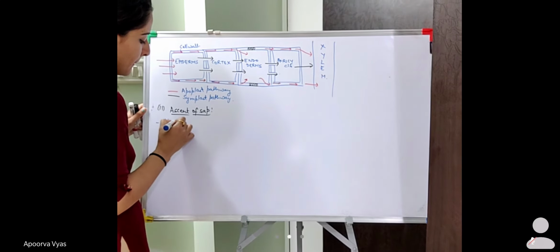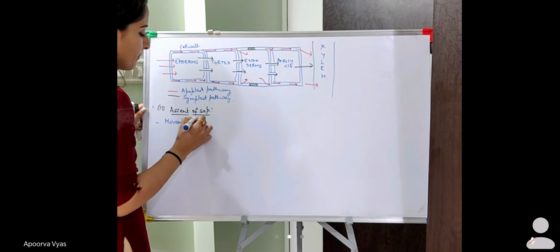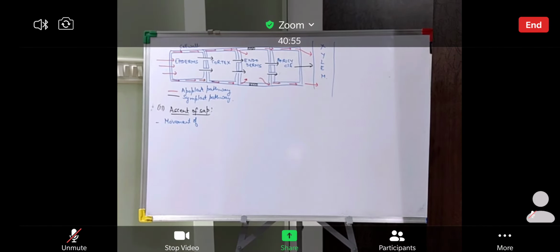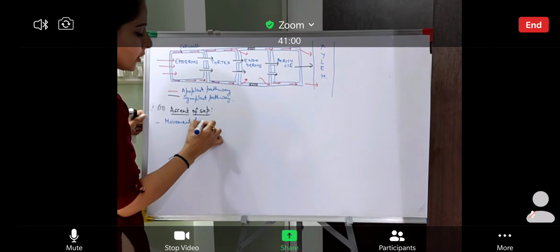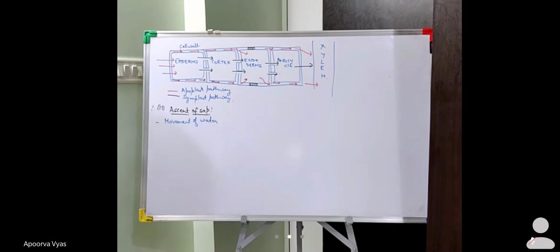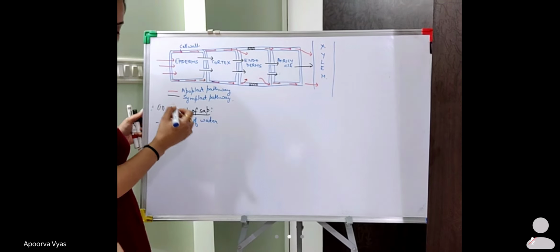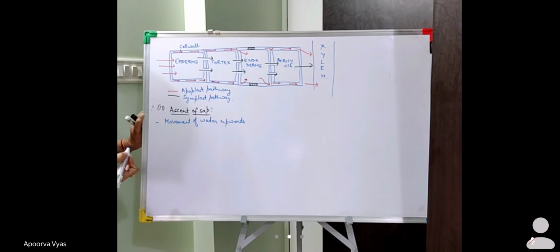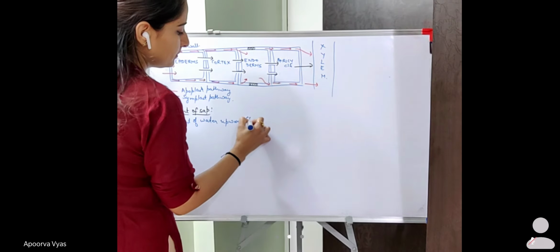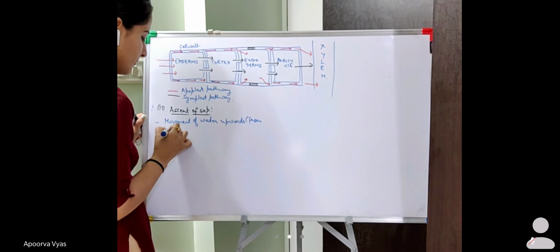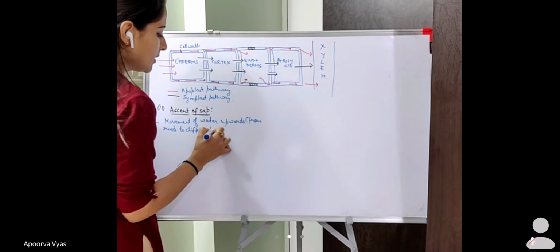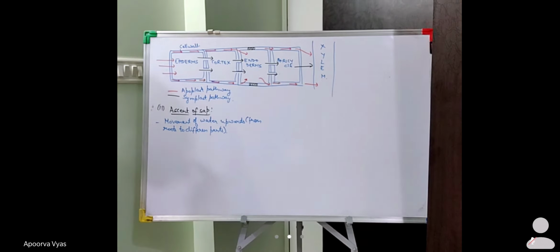So it is actually the movement of water from the root, that is from roots to the different parts. So this is known as ascent of sap.